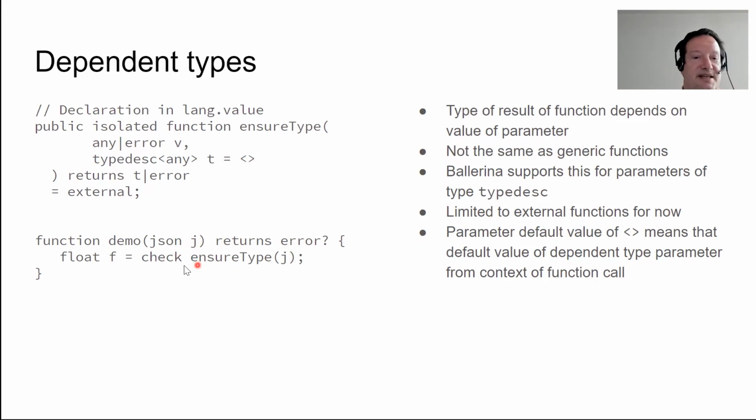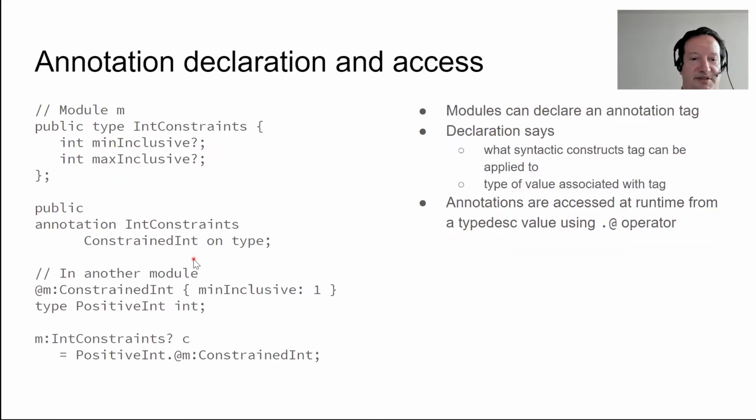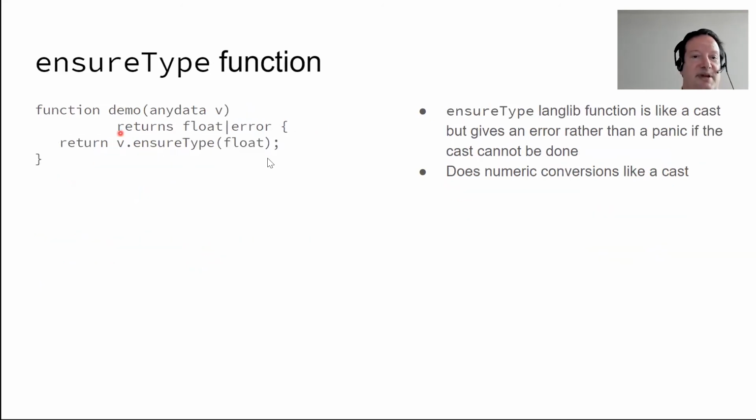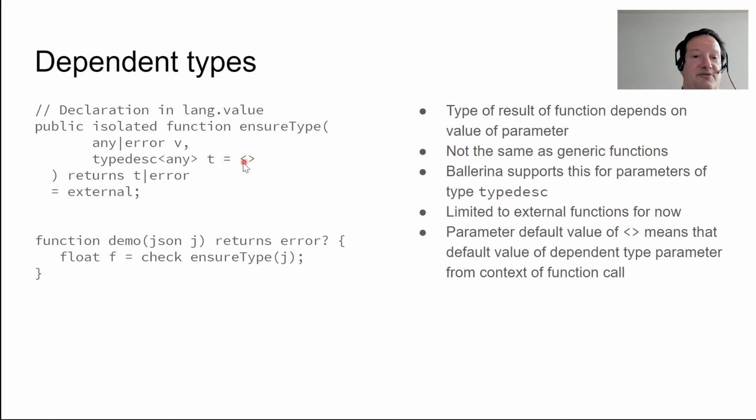So what this means is that, oh, I put that wrong. That should be j.ensureType rather than what I have. So here, basically, you can leave out the float parameter, and that comes from these little angle brackets here.